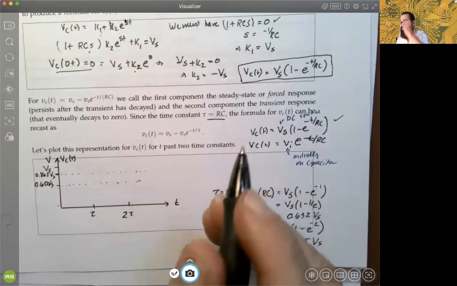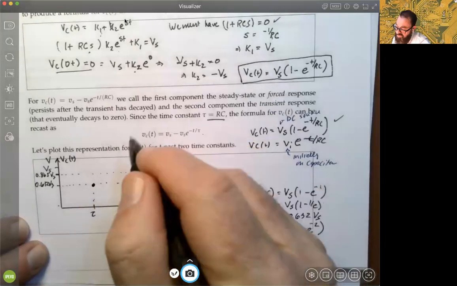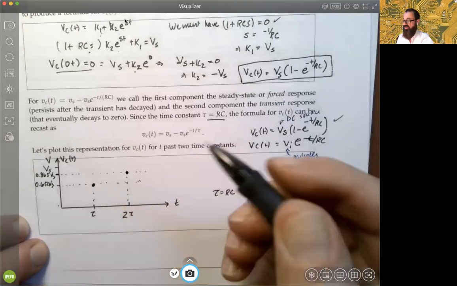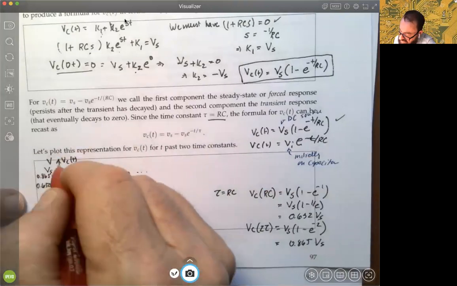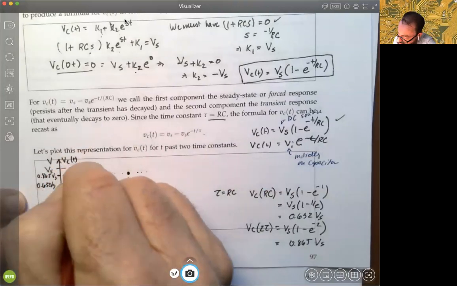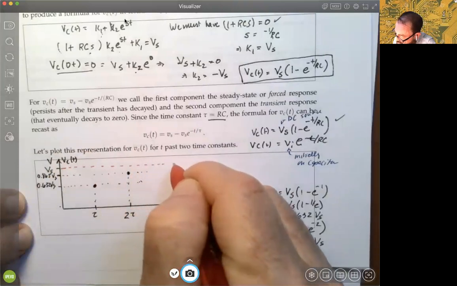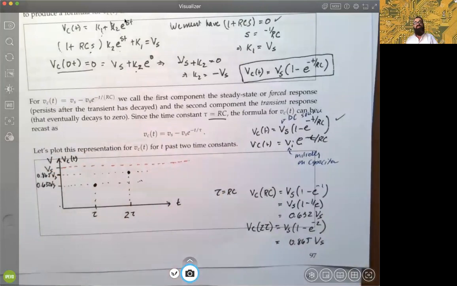And we know that at one time constant, I would have to be here. And at two time constants, I'd have to be up here. And maybe just to illustrate, you can't have any more voltage than is available in the system, in this case from the independent voltage source. So there's your new asymptote.